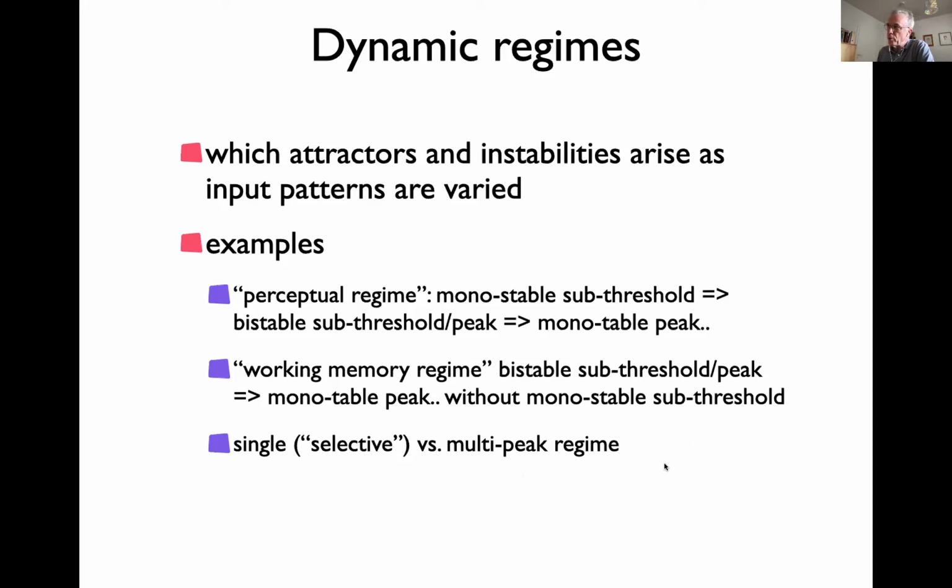So it's a little bit of a loose term, because there could be multiple aspects of peaks that we might want to characterize, but it's essentially which attractors and which instabilities occur in the field under functional variation of the inputs of the field.